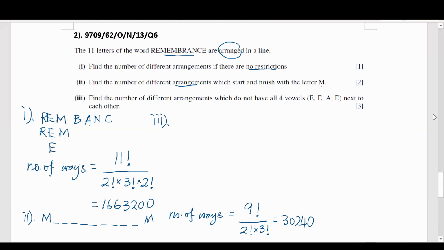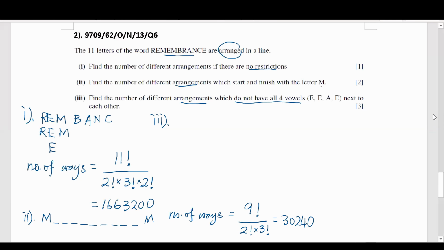Find the number of different arrangements which do not have all 4 vowels next to each other. According to these restrictions, the question does not want these 4 vowels next to each other.